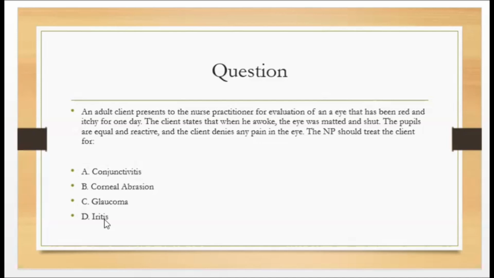Then you have iritis, which is inflammation of the iris. So it's not what you're talking about with conjunctivitis. For conjunctivitis, we have three types: allergic, viral, and bacterial. Allergic, they will always describe as starting with both eyes.